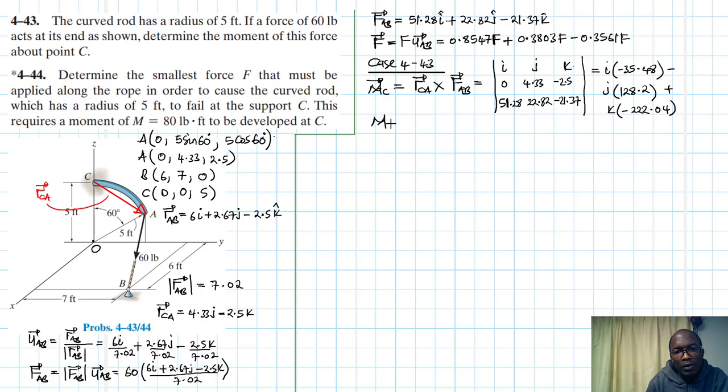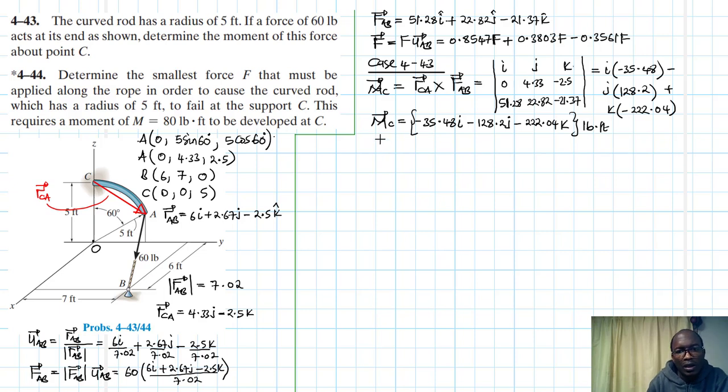So MC, moment vector MC, is equal to minus 35.48i minus 128.2j minus 222.04k, and all this is pounds feet.